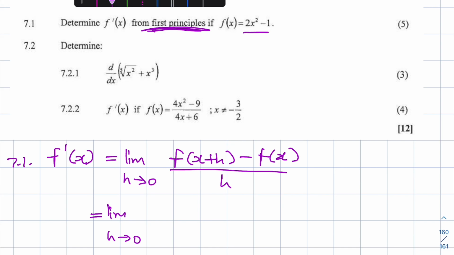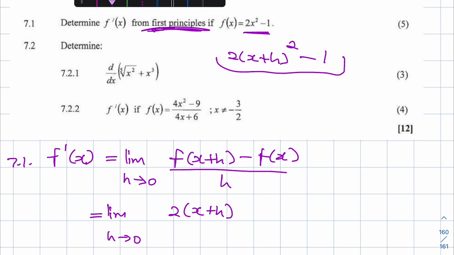You go to this function, and where there is x, you substitute x plus h. In other words, you'll have 2 times (x plus h) all squared minus 1. So that's the f of x plus h.